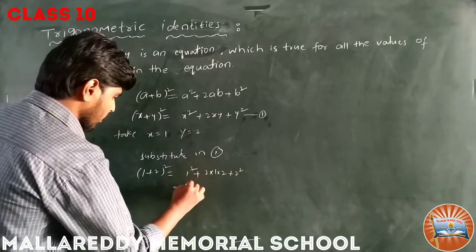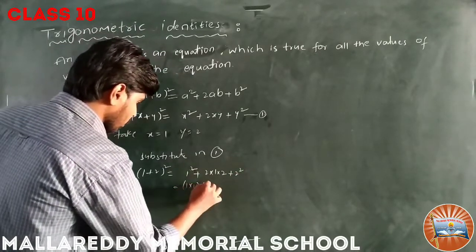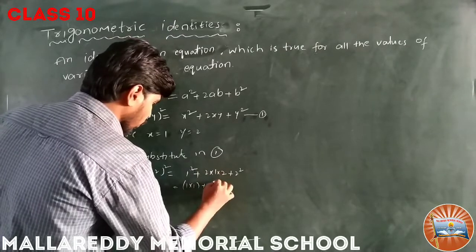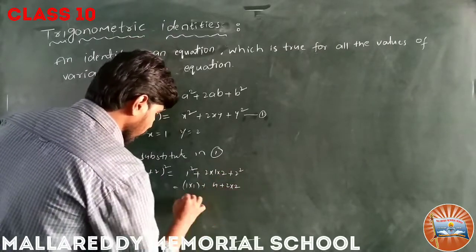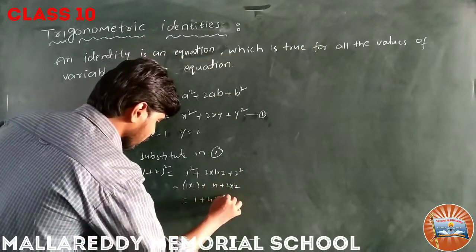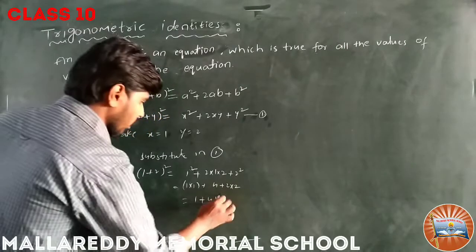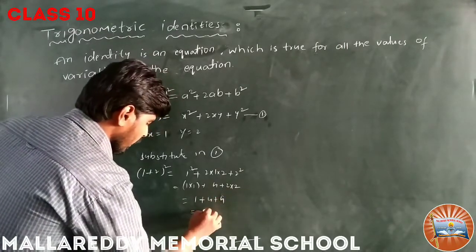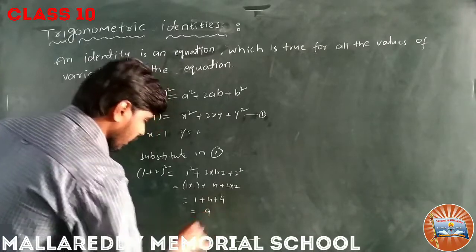1 square is nothing but 1 into 1, plus 2 into 1 into 2 is 4, plus 2 into 2 is 4. So 1 plus 4 plus 4 means 9.